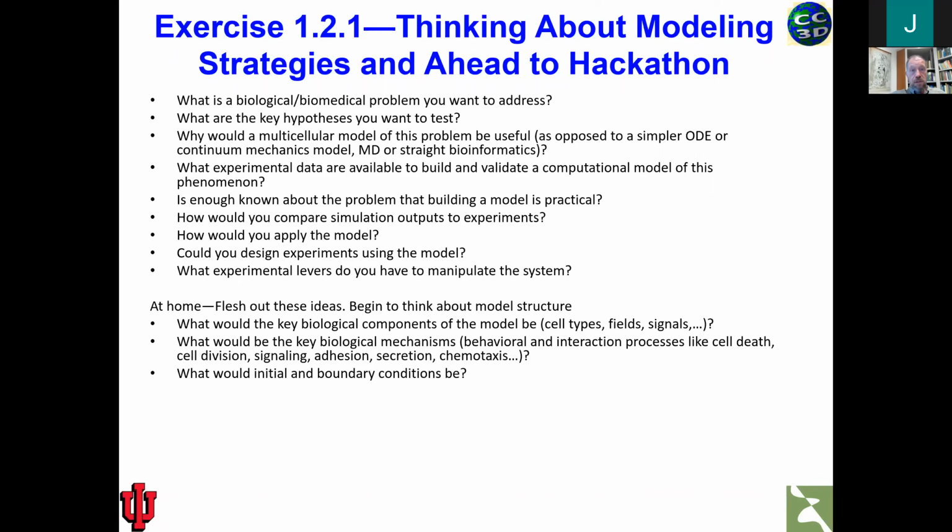The simulations that we're able to do with CompuCell typically max out at about 50,000 to 100,000 cells. And so you're limited to fairly small volumes. If you want to have multiple regions, so for example, two 1 millimeter cubed regions that are connected by a vascular transport model, you can do that.